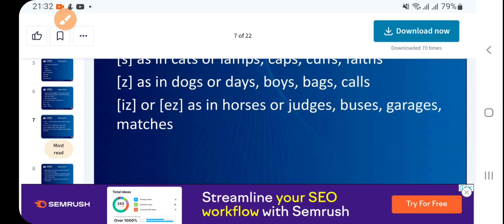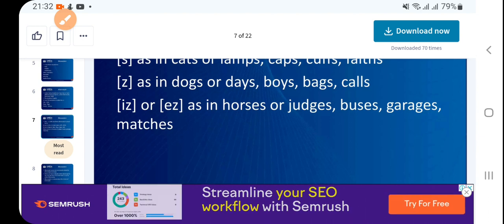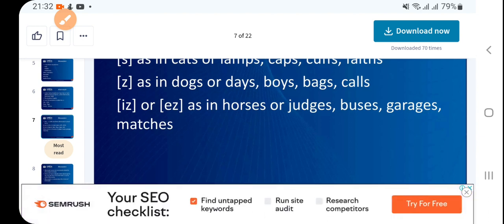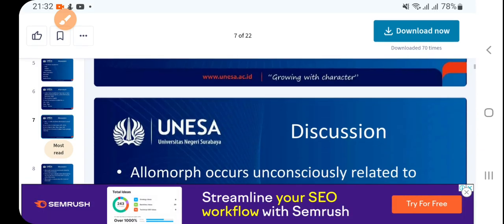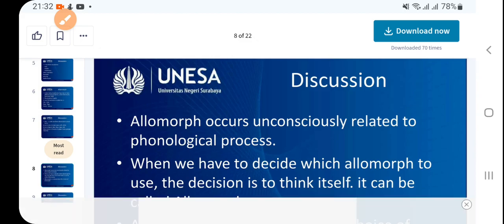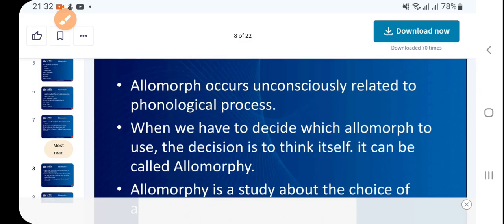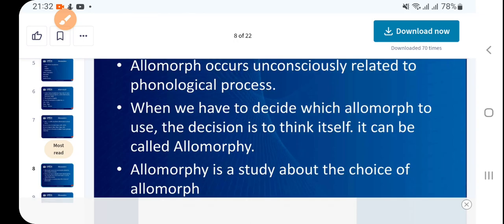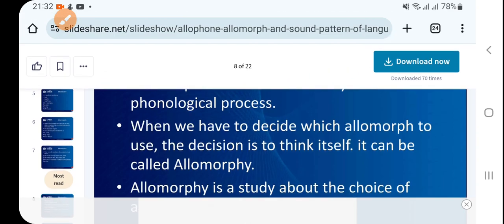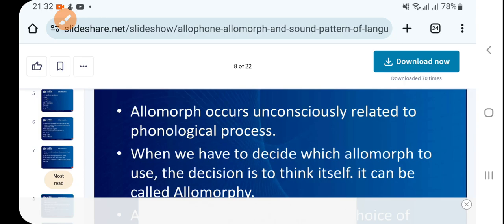And the third is the iz sound or es sound: horses, judges, buses, garages, matches. Okay. So this is called allomorph. Allomorphs occur unconsciously, related to phonological process. It is not a conscious effort.